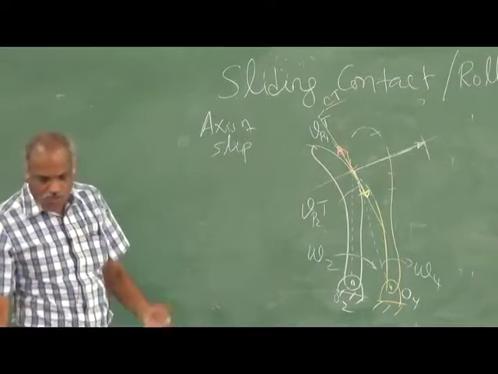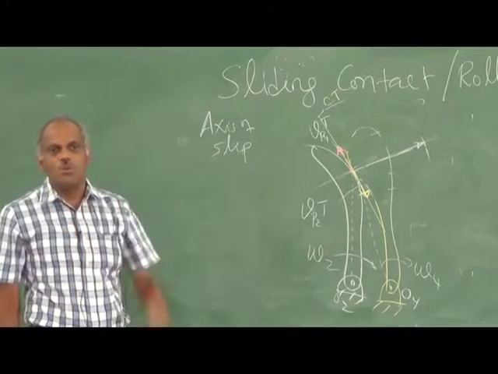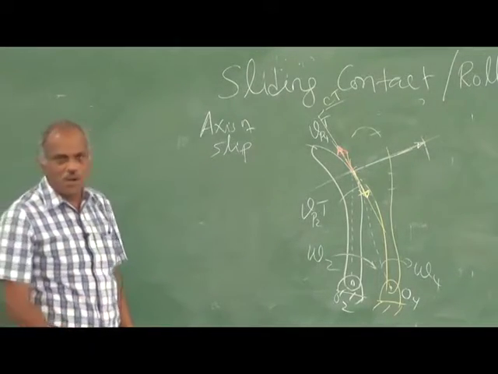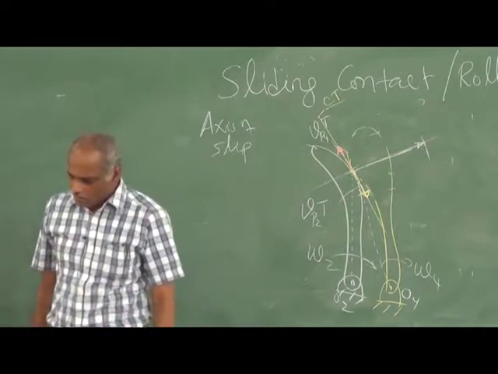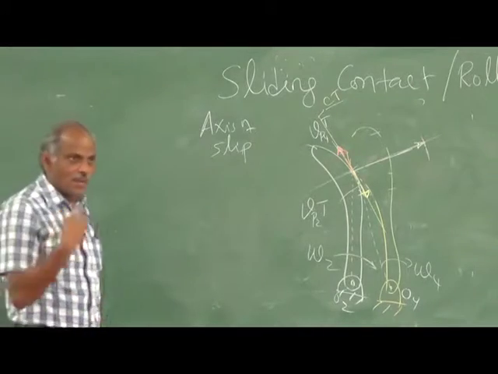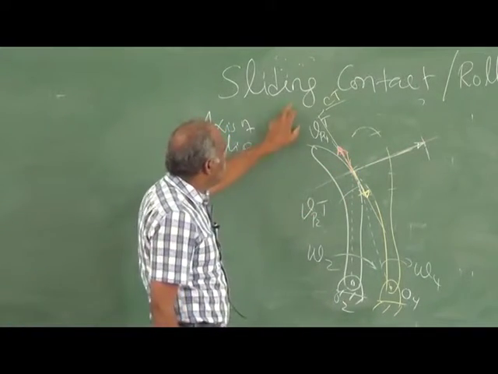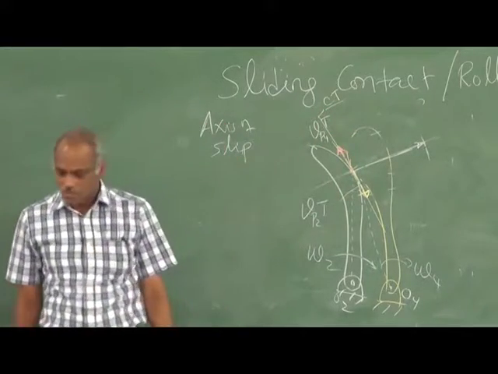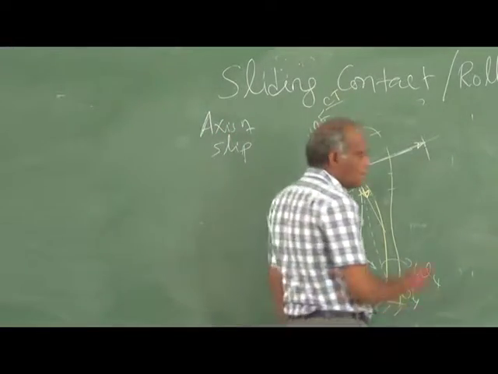Okay? So when the two rigid bodies are in engagement, there is a relative motion between the two. That relative motion can occur only along the line of common tangent. That kind of joint which has a relative motion along the common tangent is called sliding contact. So what is the relative velocity?